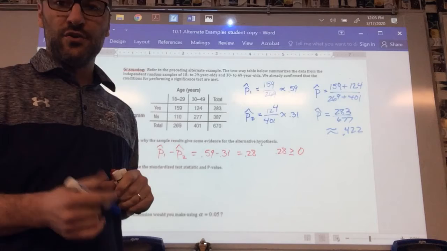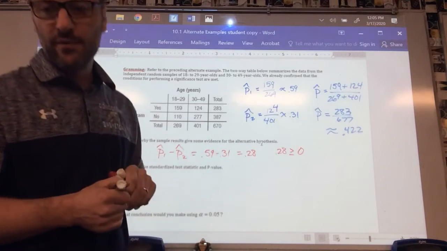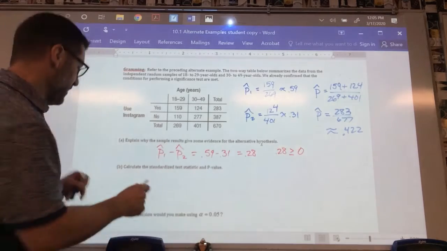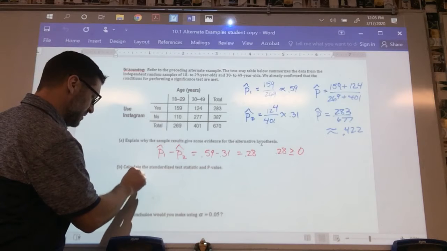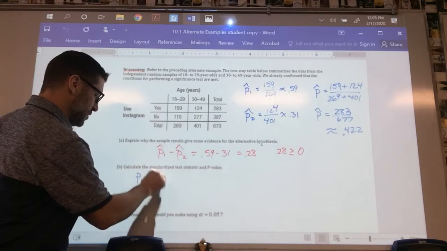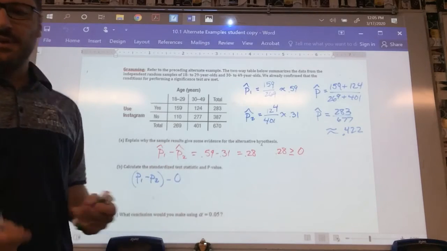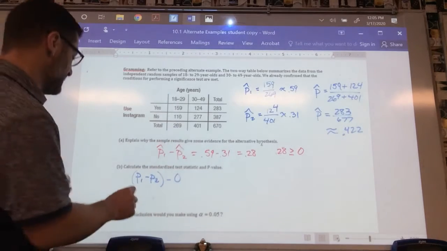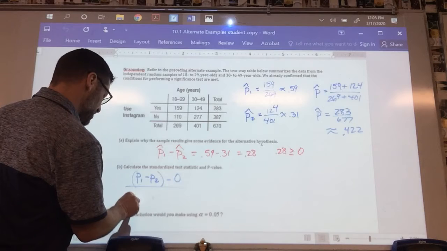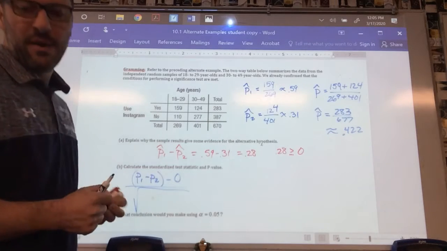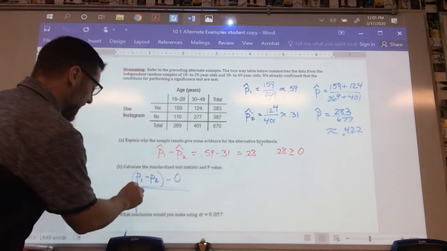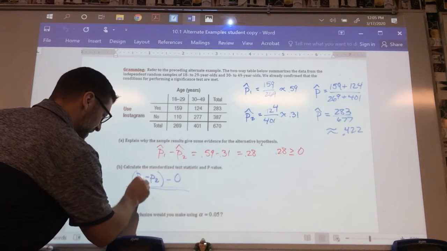So what I would like you to do is use the formula: P1 hat minus P2 hat, minus our 0 value, which we talked about earlier, all over the standard deviation. And remember, the standard deviation has p hat in there, not p1 hat.